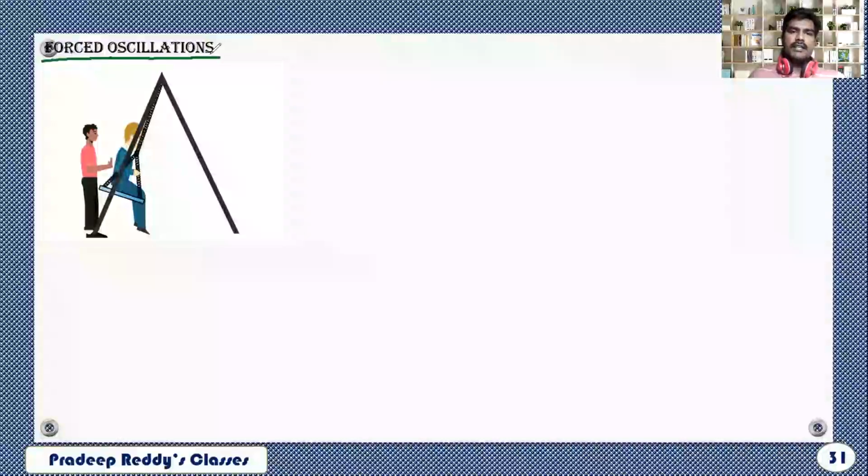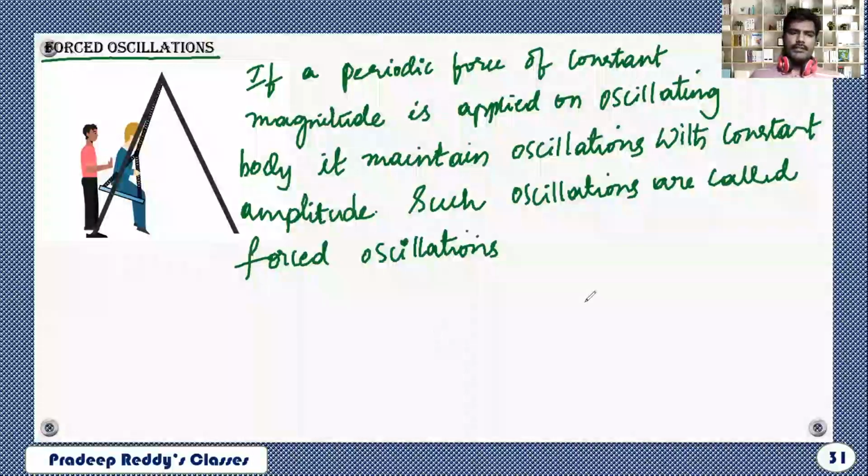In case of periodic oscillations, we have learned there should be a periodic force. In forced oscillations, the person standing here constantly applies a periodic force. If he pushes just once and leaves, the amplitude will not stay constant.